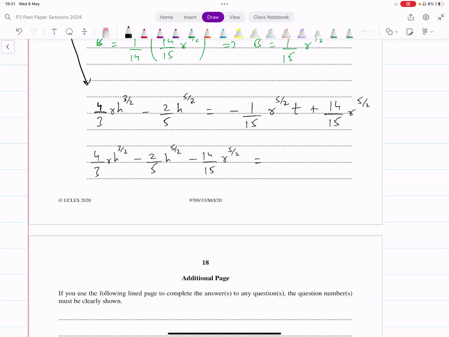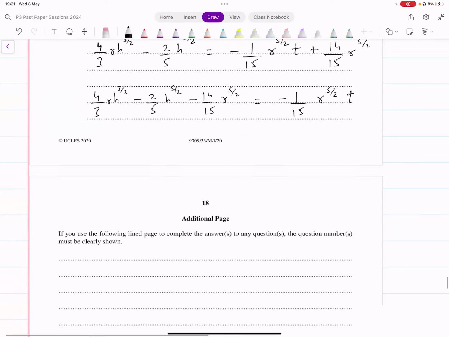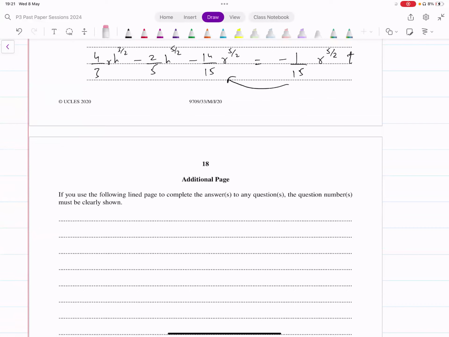On the other side, you have minus 1 over 15 r raised to the power 5 over 2 times T. Just multiply this whole thing on the other side, and that will give you T equal to, I'm multiplying 15 on the other side, and r will go to the other side. It becomes r raised to the power minus 5 over 2. This goes to the other side. It becomes 1 over r raised to the power 5 over 2, which can be written as r raised to the power minus 5 over 2.